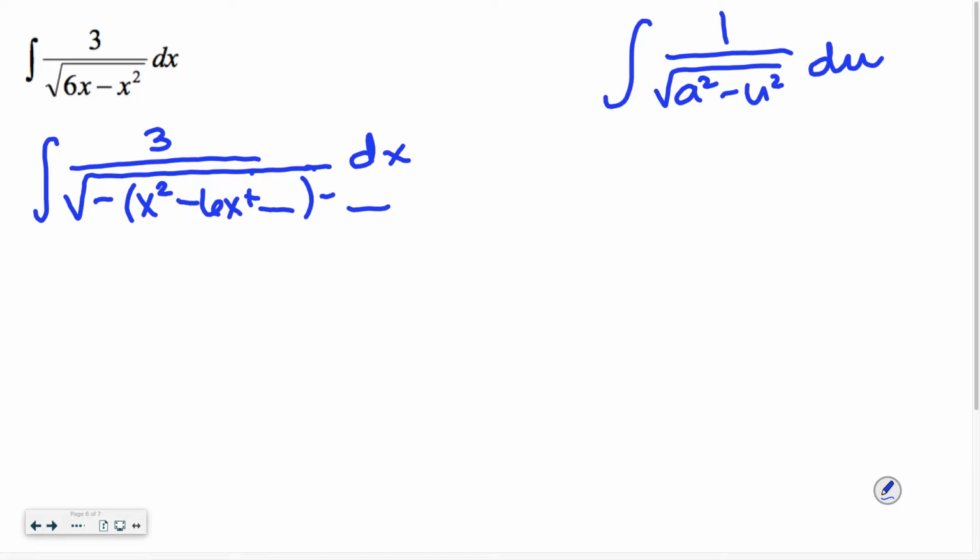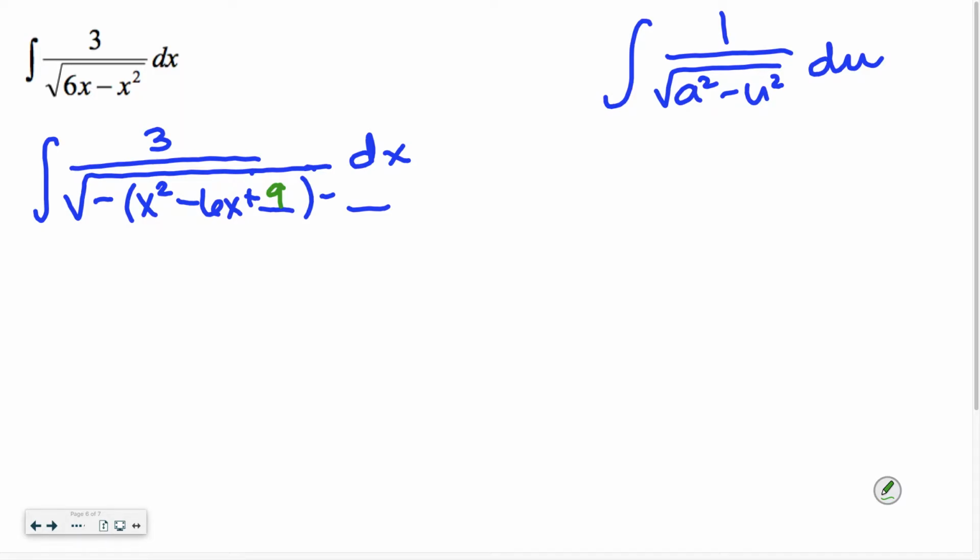What number would create a perfect square trinomial? 9. As a reminder, we take b over 2 squared.